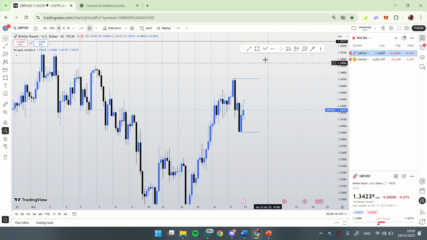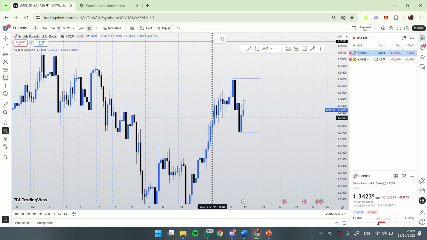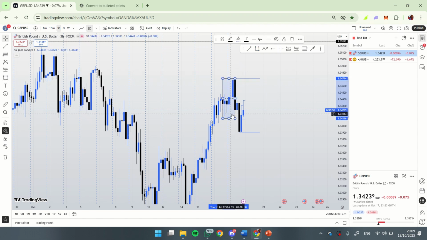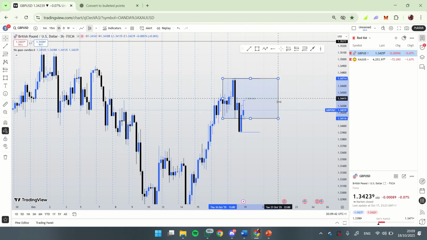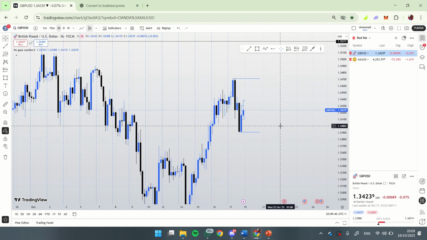But if I am to enter anything now, I'm trying to see if 50% is mitigated. Not there, and there's no zone. So you see, I don't want to confuse myself.